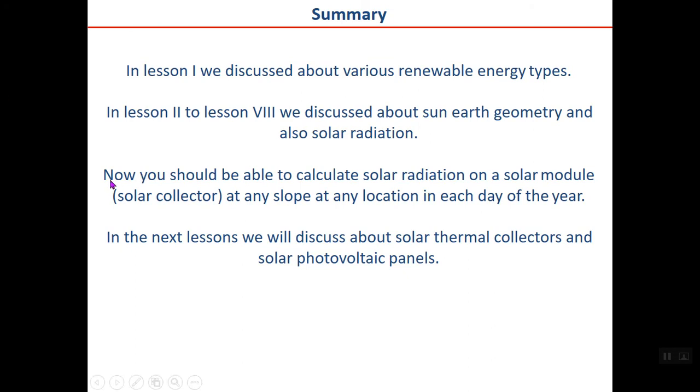I expect that you should be able to calculate solar radiation on a solar module or solar collector at any slope, at any location, on each day of the year. If you are not able to do that, then please start reading and listening to the courses up to today. But this is what I expect you to do.